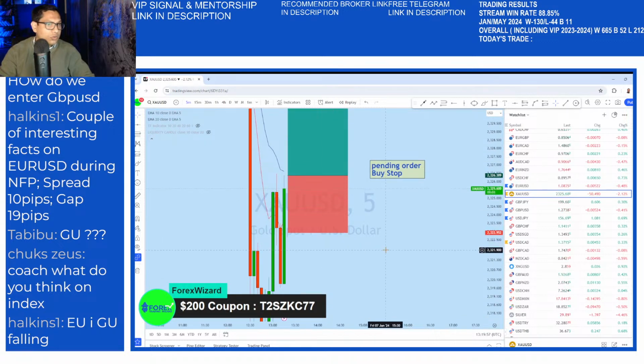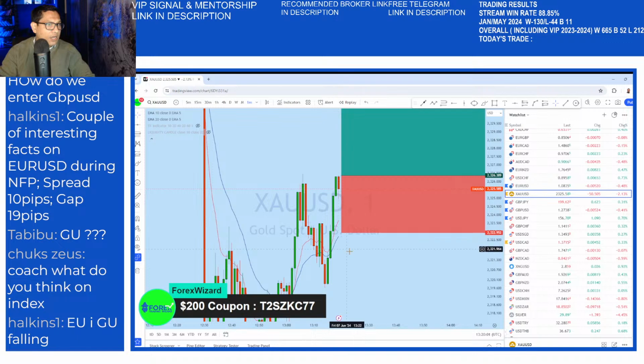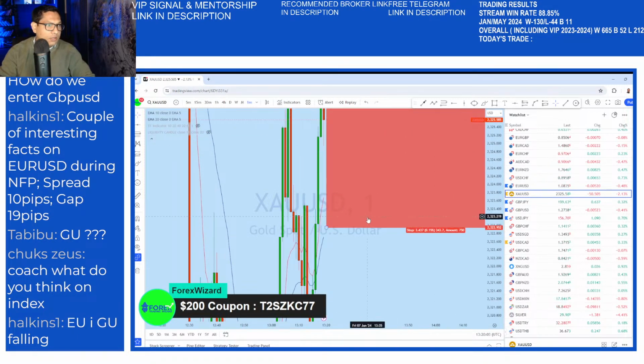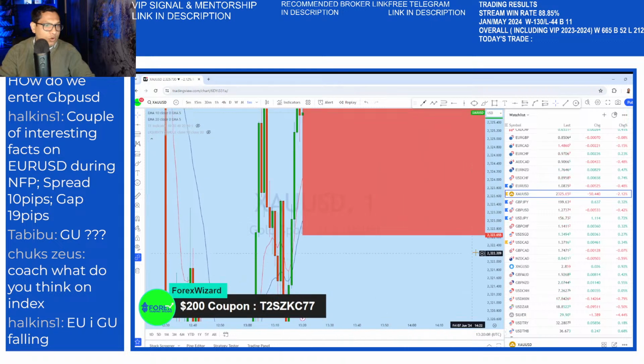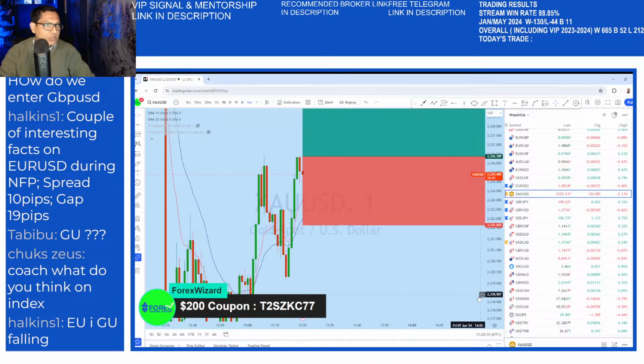Now for the stop loss, it's a very volatile market, so we'll put a little bit of downside here on the stop loss for safety. Move my stop loss to 2322.65.